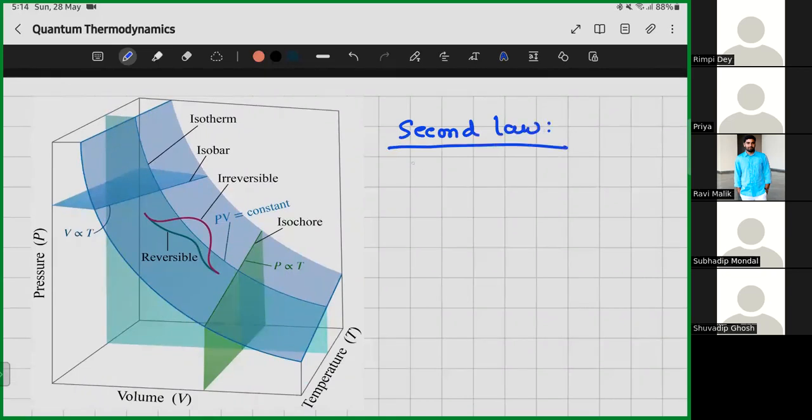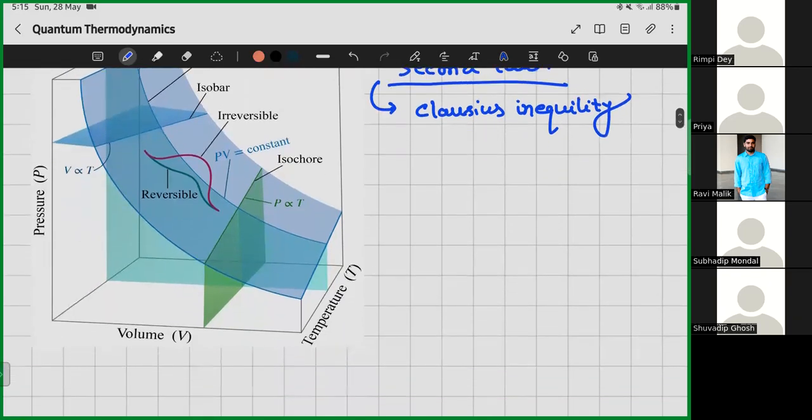So we can state the second law in terms of the Clausius inequality. So what is that? We know đQ is a path function and inexact differential. As I said before, it does not have any mechanical analog. But Clausius first introduced that we can define đQ by T as a state function, and that is entropy.